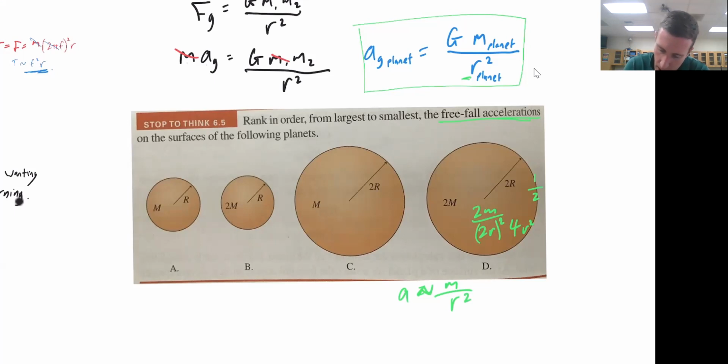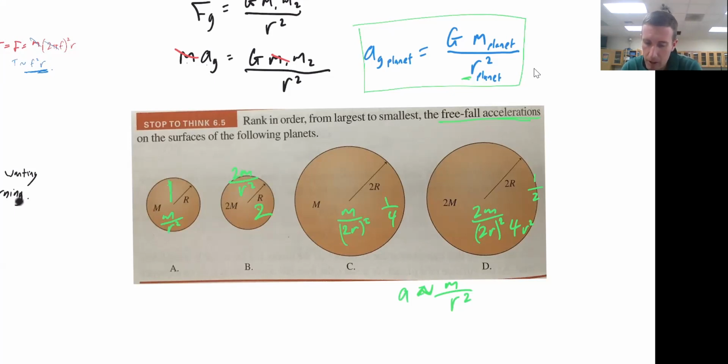M over 2r is going to be mass over 2r squared. 2 squared is 4, so that's 1/4. 2m over r would give me 2m over r squared, or a total value of 2. And then this one, m over r squared, gives me a value of 1.